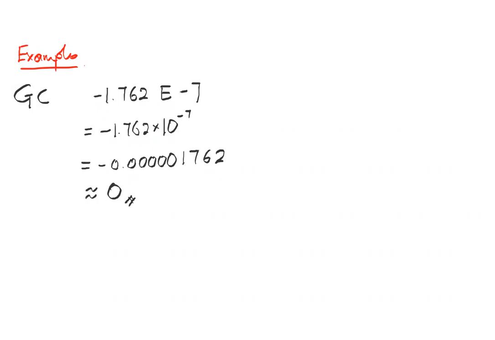For example, the graphic calculator gives you 1.23 e to the power of negative 5. This will be written as 0.0000123, so it's approximately 0. Clear? That is the meaning of E.